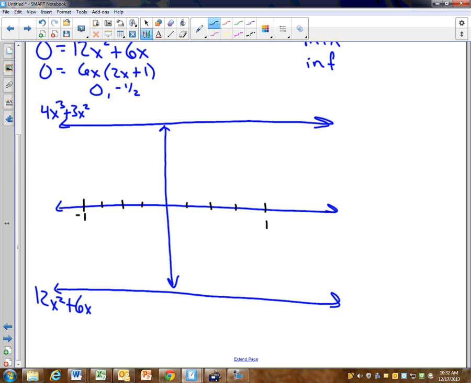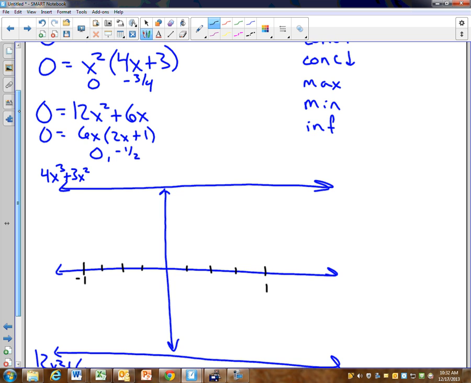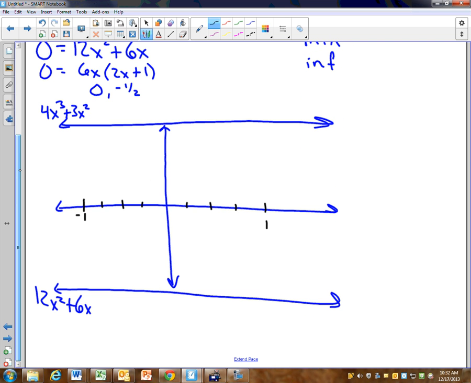That way it can get a really good idea of what that graph is going to look like. So my first derivative, I have 0, and I have -3/4. My second derivative, I have 0, and I have -1/2.